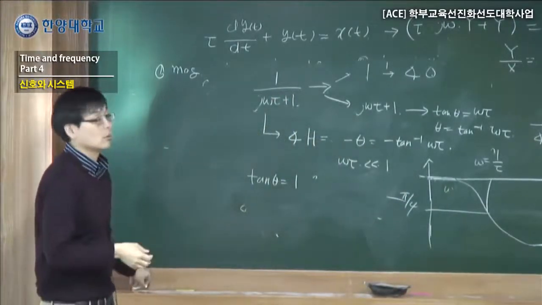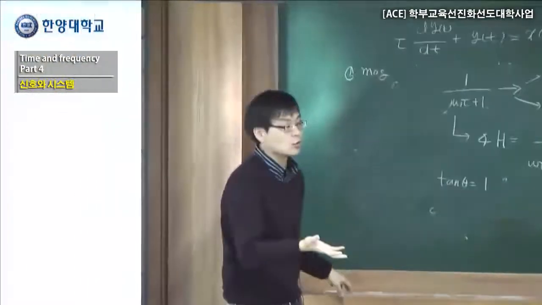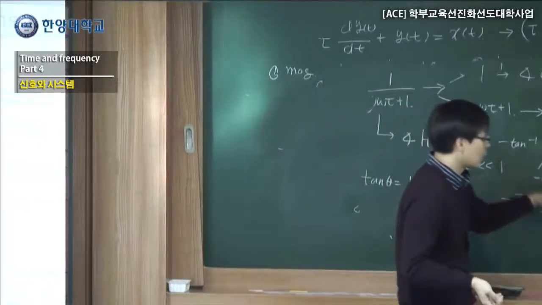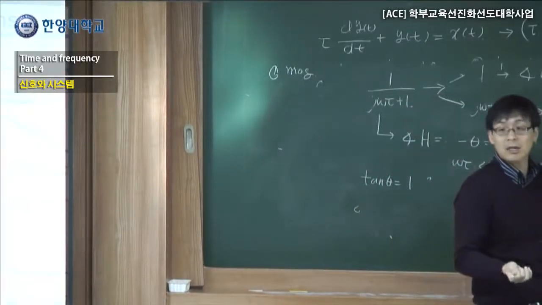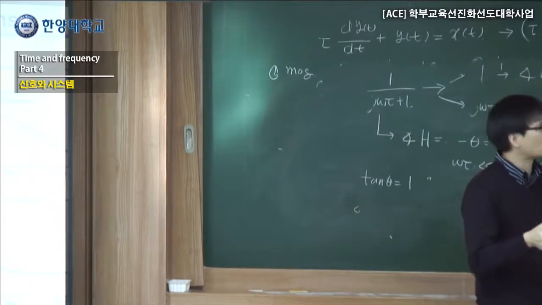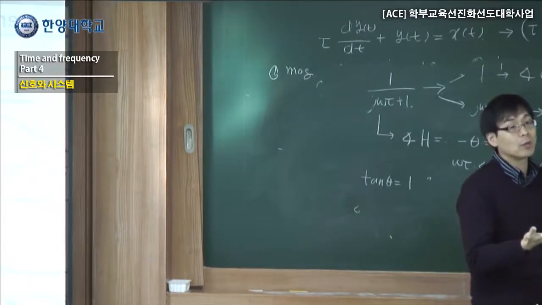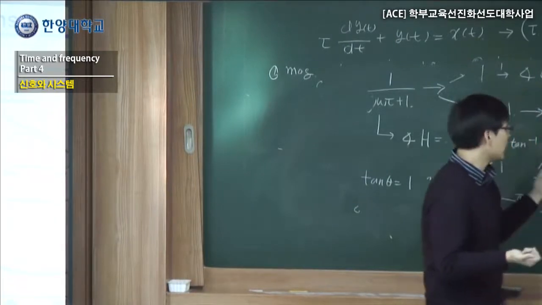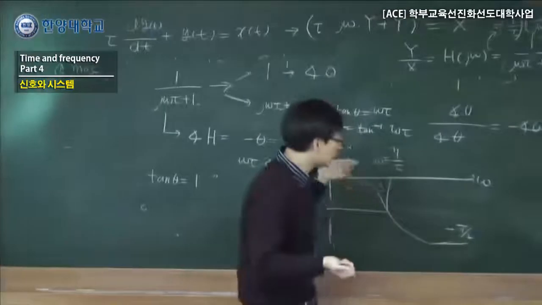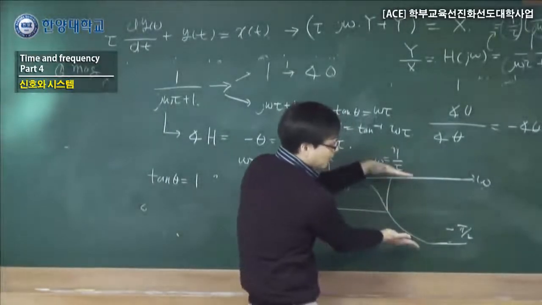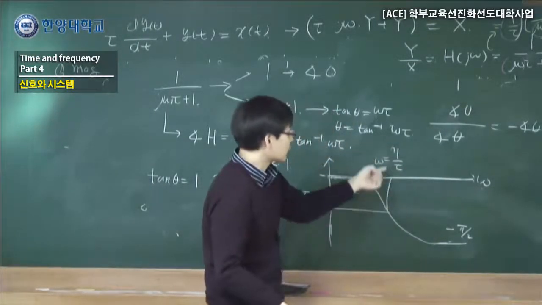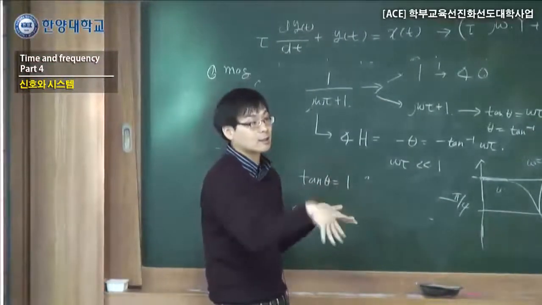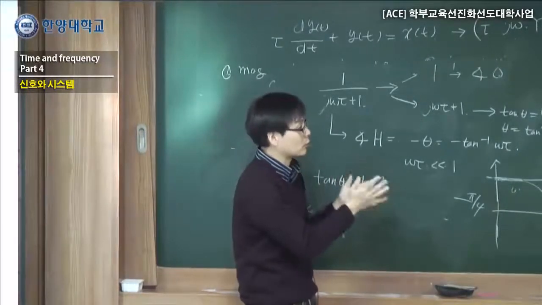That's the reason in your circuits, in your dynamics, you may see that they start from 0, they go to minus pi divided by 2. In case of control, you may hear that you have a pole at the denominator. That means the phase decreases by pi divided by 2, and at a certain value, it will be pi divided by 4. You may already have learned the logic, but this is how things are derived.